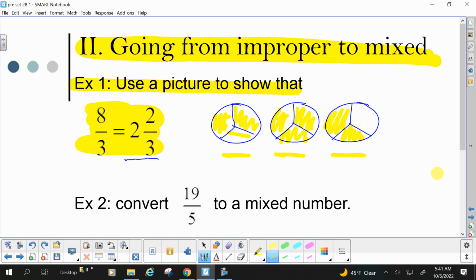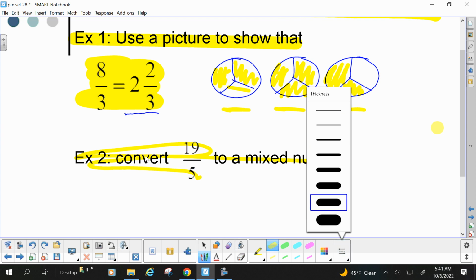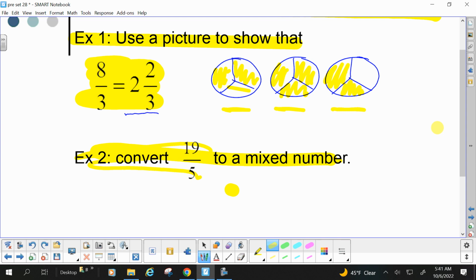Now when you convert an improper to a mixed number, that picture kind of goes through my mind. I'm going to first divide 19 into 5 parts.